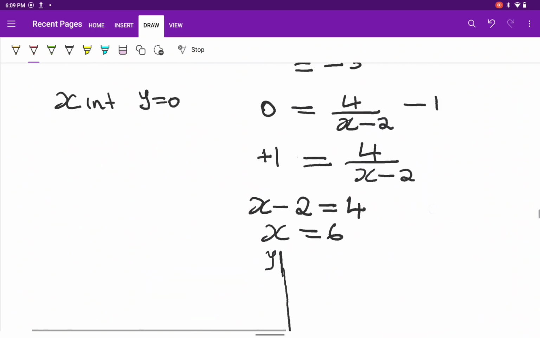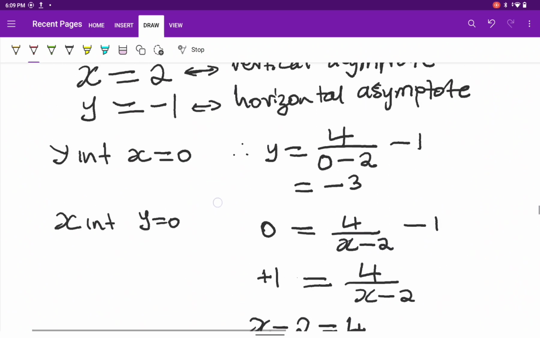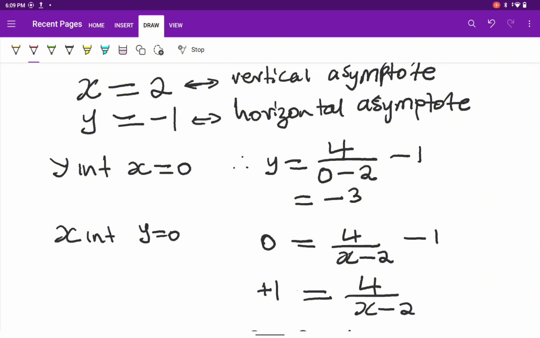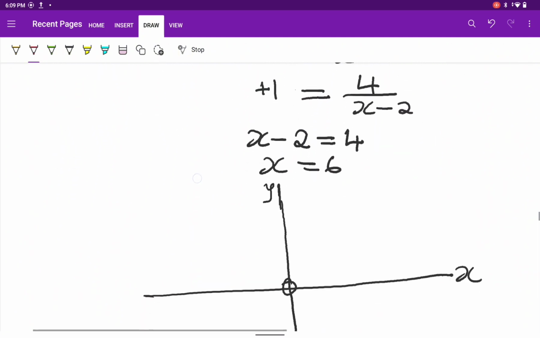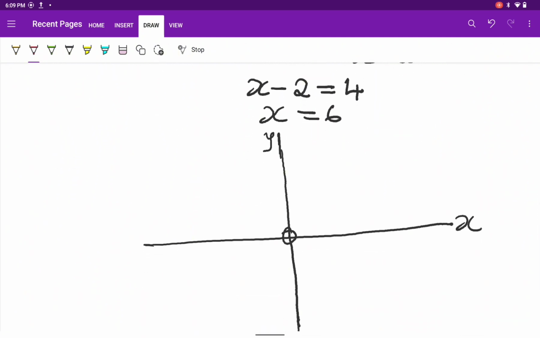Remember, we said our asymptotes are at x equals 2 and y equals -1. So x equals 2 somewhere there. So there is our asymptote. Right, and then y equals -1 somewhere there.